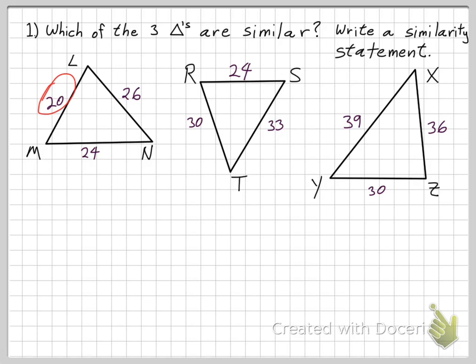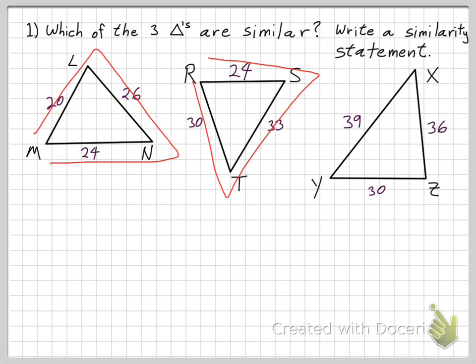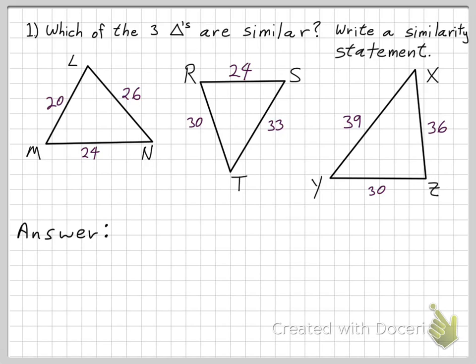So ML must correspond with RS on this triangle because 24 is my shortest side on this triangle. And so the way I'll be traveling around the triangles is short, long, middle, and that's going to correspond with short, long, middle. So I'm going to be trying to find out if triangle MLN is similar to triangle RST.